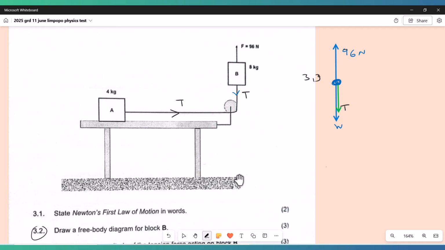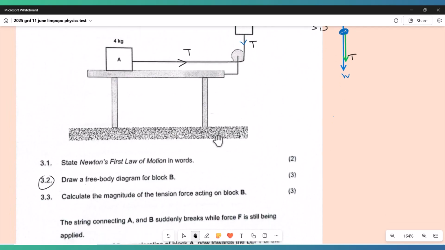So I'm looking for the tension, and I know the applied force here is 96, and I know the weight. Because the body is in motion, I can find the tension using the second law of motion.